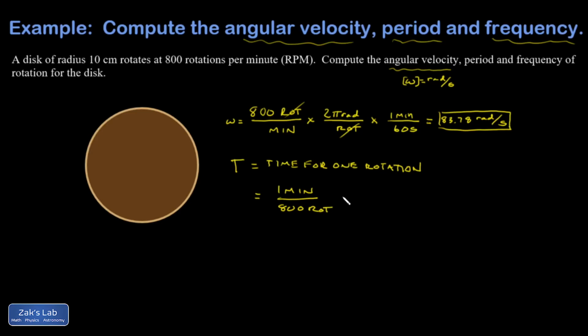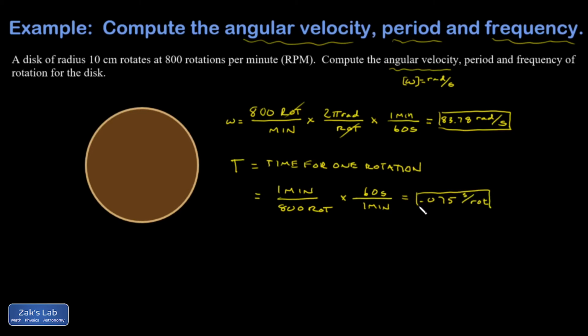I have the period. So multiply by a conversion factor, 1 minute in the denominator, 60 seconds in the numerator, and 60 over 800 seconds per rotation is my period. I get 0.075 seconds per rotation.